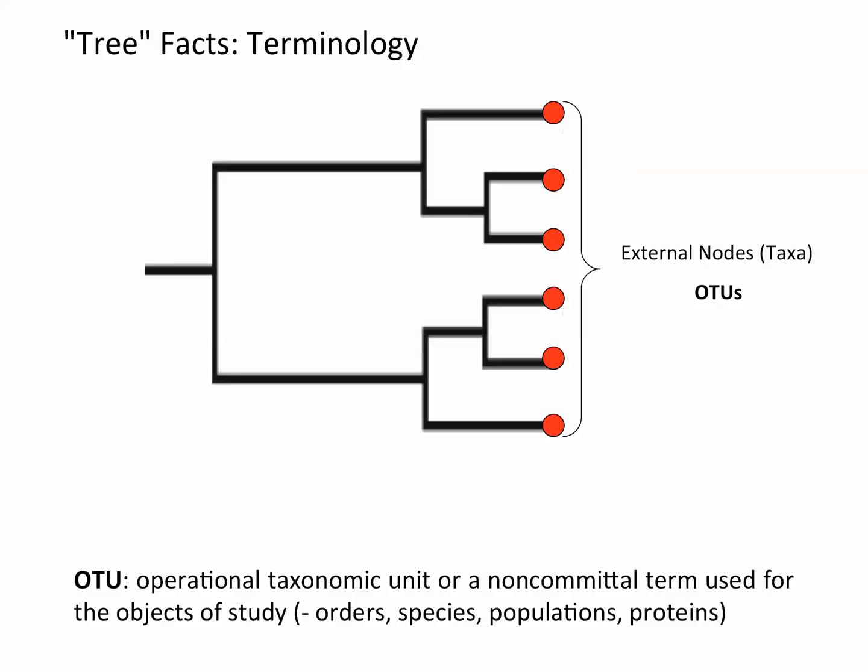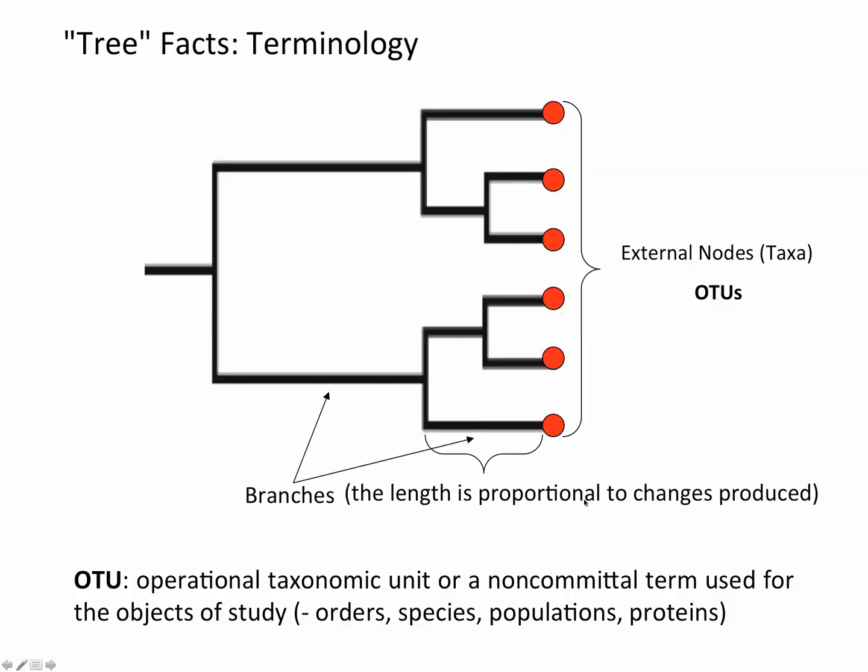The lines within the tree are called the branches. The points at which branches connect, or the tips of branches, are both called nodes. Internal nodes connect branches.